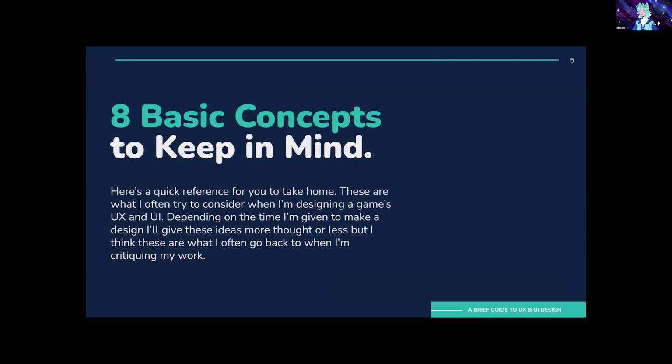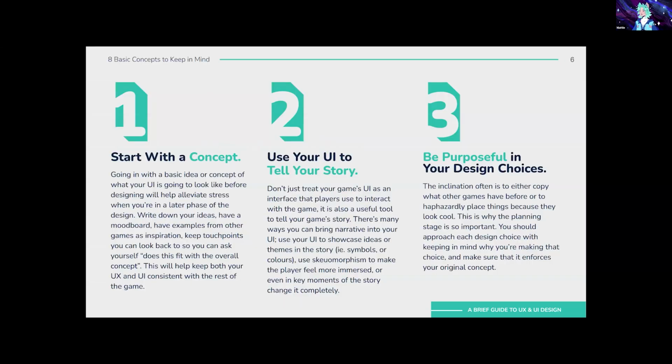So let's go into these basic concepts that I like to keep in mind. This is just things that I like to consider at the beginning and as I'm doing my design phase of projects. So number one, you always want to start with a concept.